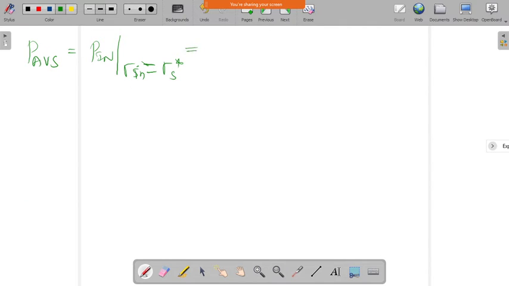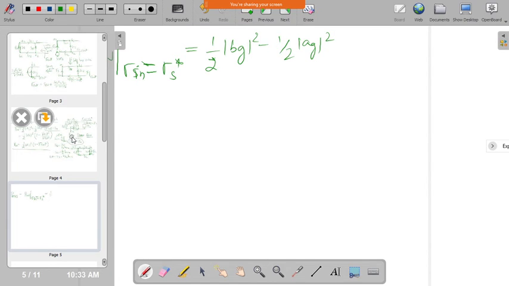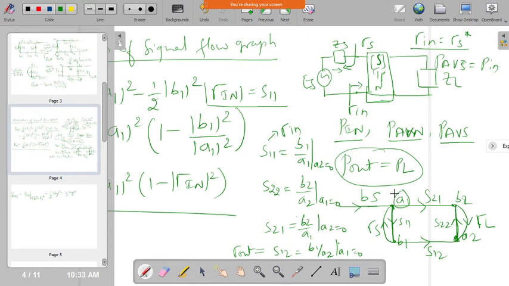In terms of the generator side incident and reflected voltage, we can write it as half Bg square minus half Ag square. Even in the signal flow graph, we can write this A1 as Ag, that is at the generator side, and this one as Bg, and this as AL.